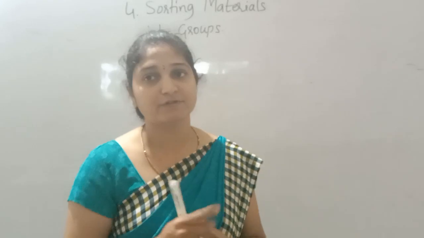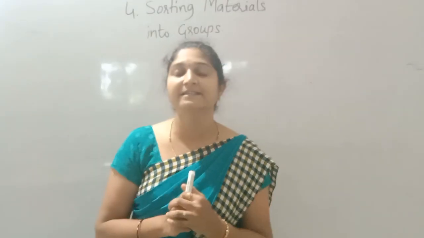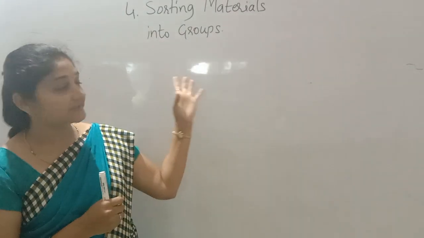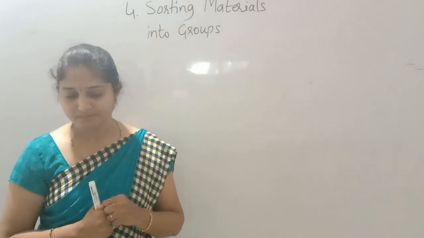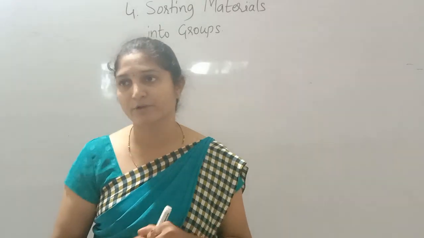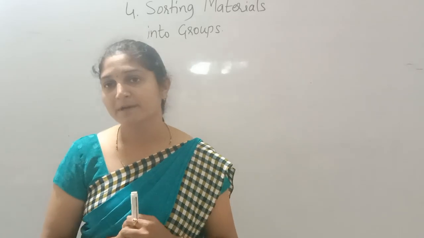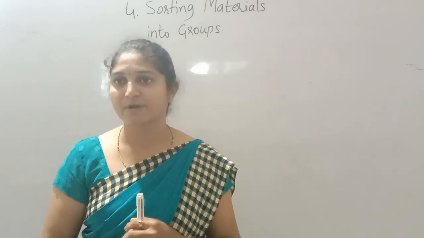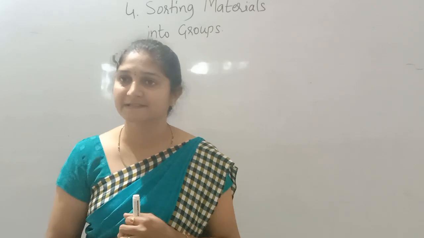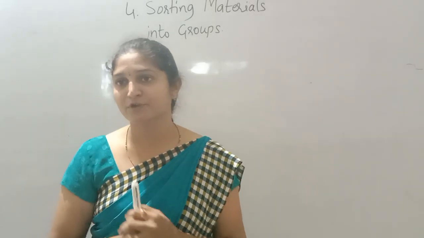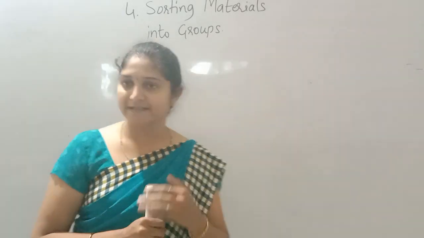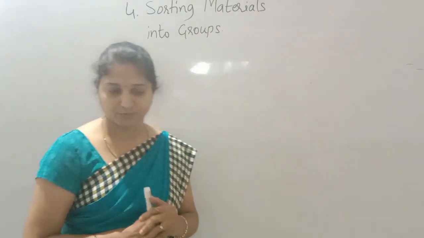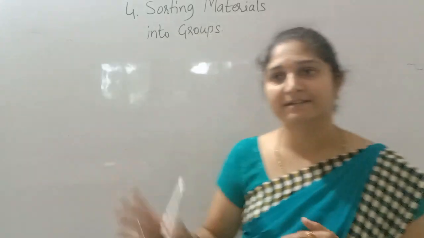Then how do we sort out? We have to separate the things to make certain groups. To make groups, we need some criteria, right? For example, if I want to make friends, I find some characters in those groups. If that character matches, I think, okay, I will be in that group. So they are going to be similar.